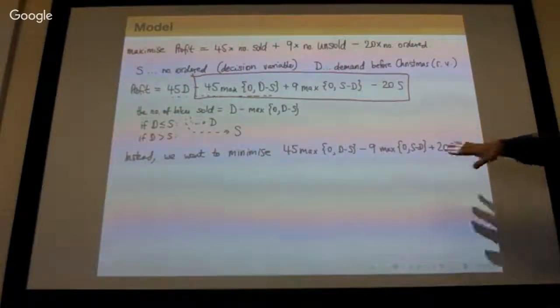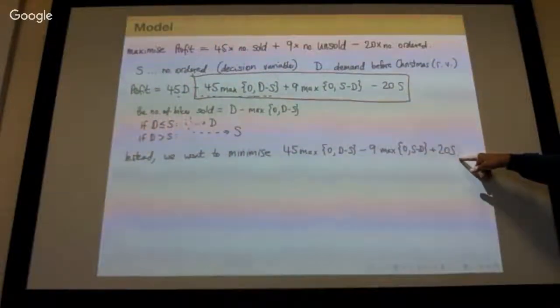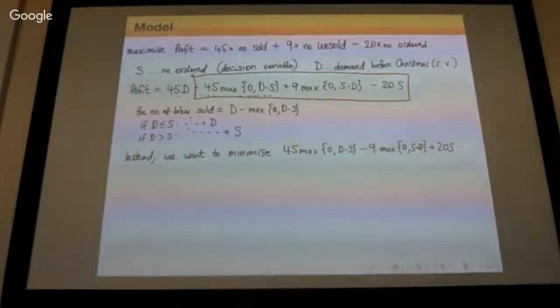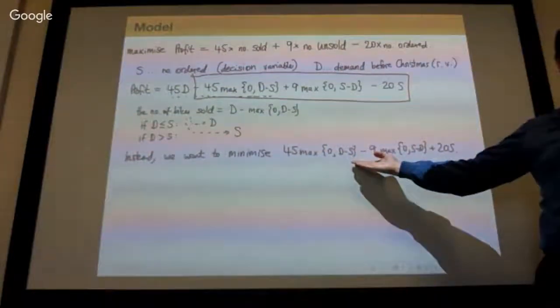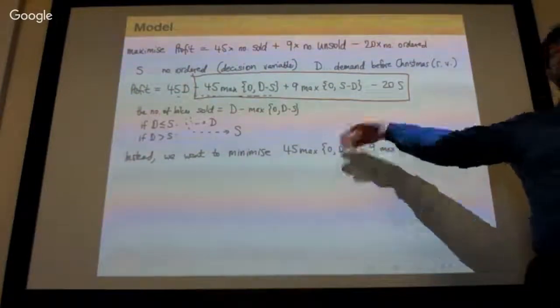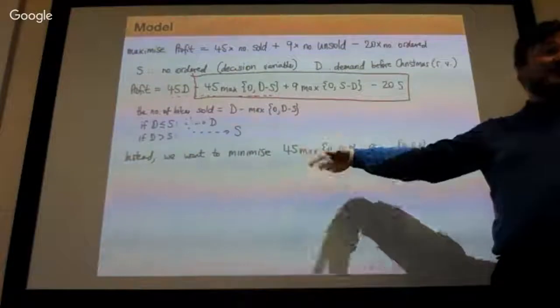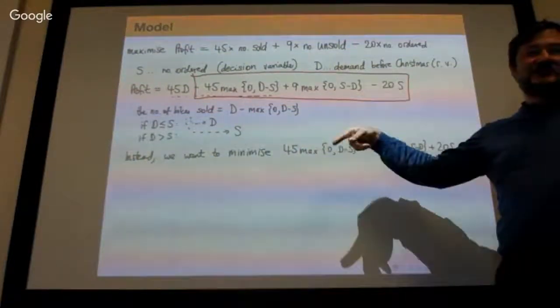It's some sort of a cost. So this is clear. This is the cost we pay for buying the bicycles. This is an opportunity cost. Demand turns out to be large. Then we're losing £45 we could make if we ordered more from each bicycle that we would order extra.